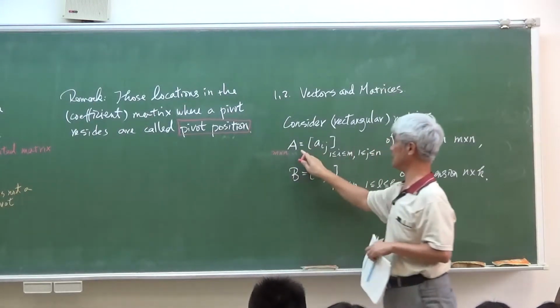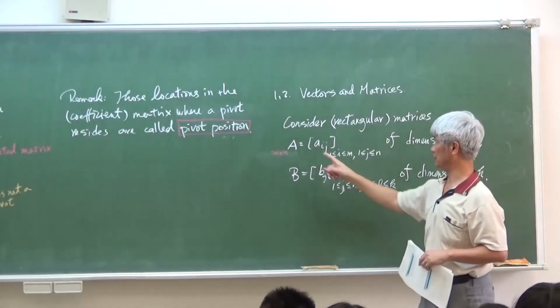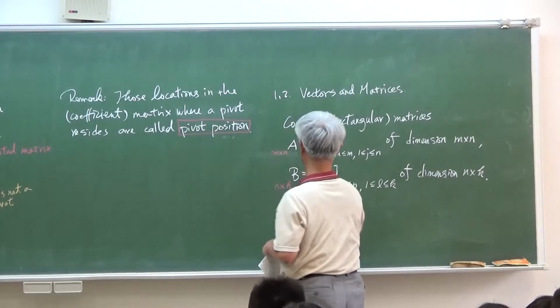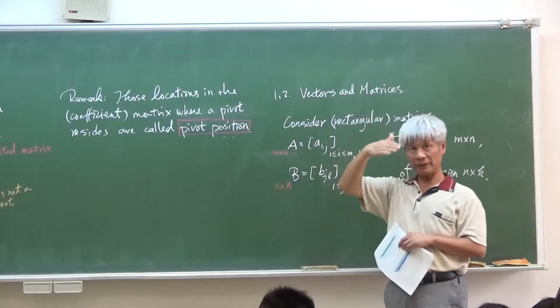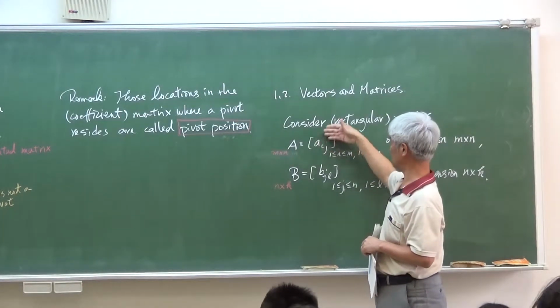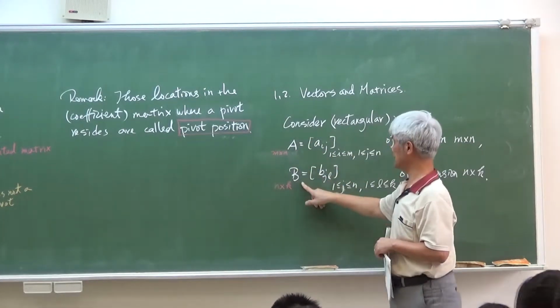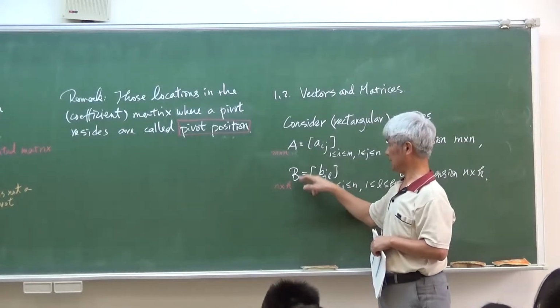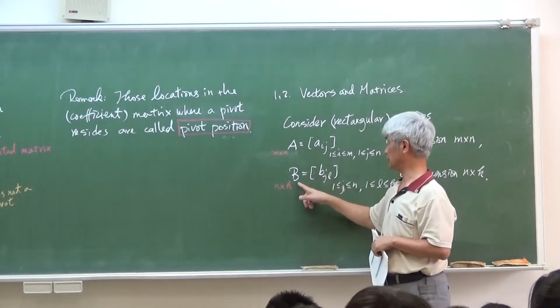It means that A has dimension m times n, and B has n times k. So m is the number of rows of matrix A, and n is the number of columns of matrix A. Similarly, n is the number of rows of matrix B, and k is the number of columns of matrix B.